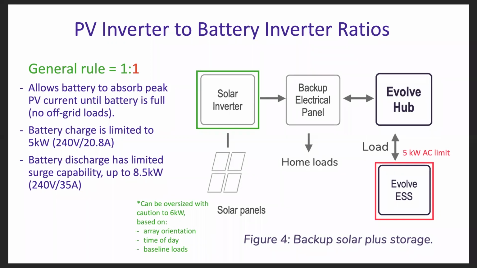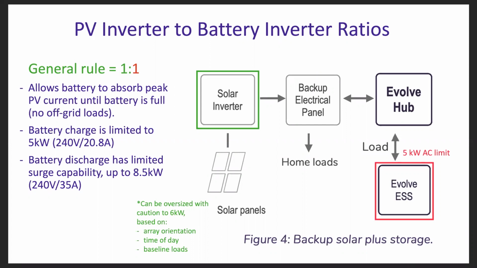Getting back to the slides here, the sizing, looking at the PV inverter to battery inverter ratios. As a general rule, it's a 1-to-1. That 1-to-1 ratio is because the battery inverter, a bidirectional inverter, is a 5 kW inverter and can only charge at 5 kW, but will discharge with some surge capabilities.